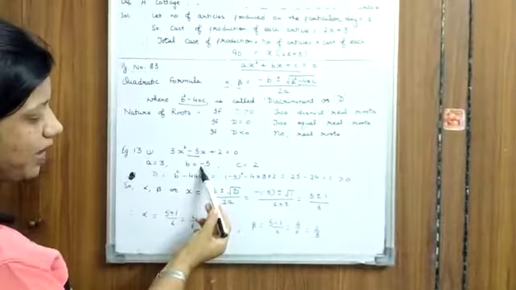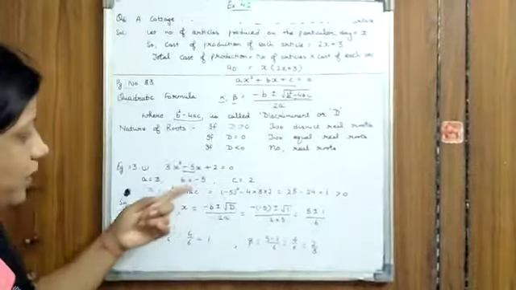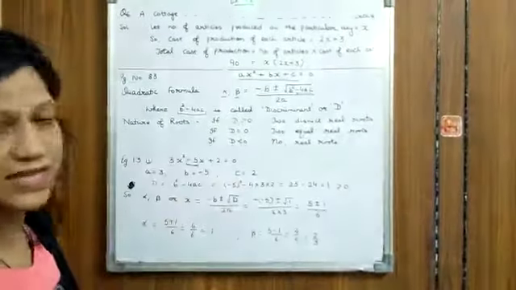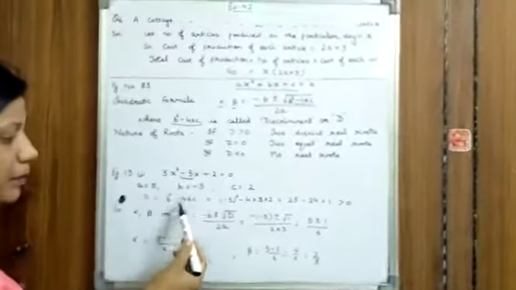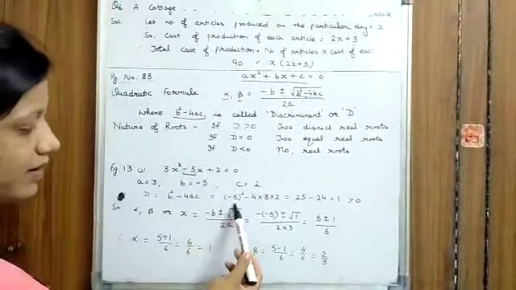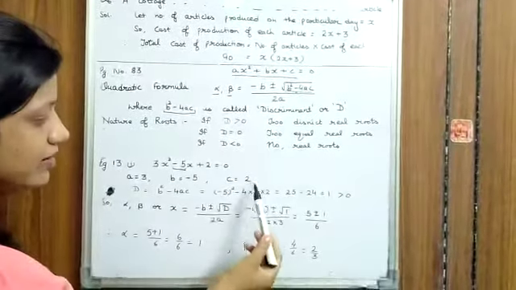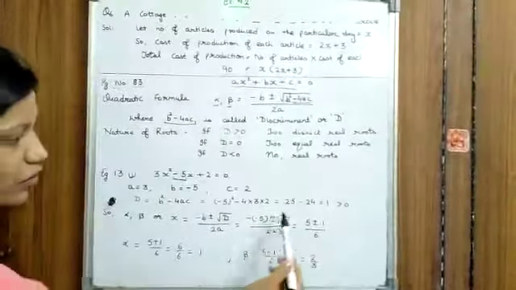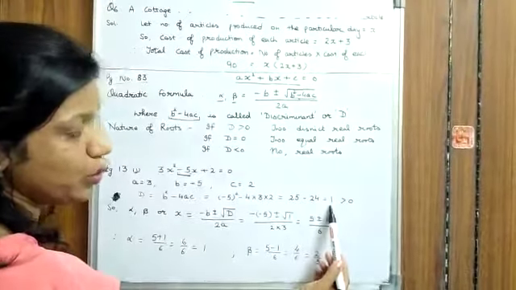So if a minus sign comes, then we take it with the minus sign. So b is minus 5 and c is equal to 2. Let's find D, b square minus 4ac. So b means minus 5 square, minus 4, a is 3 and c is 2. By solving it, we have got 25 minus 24 equal to 1.